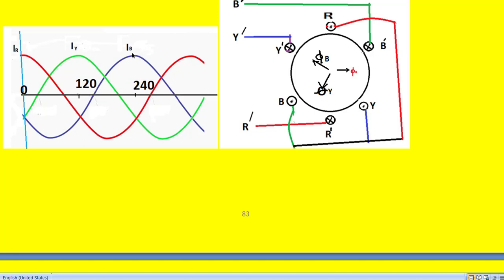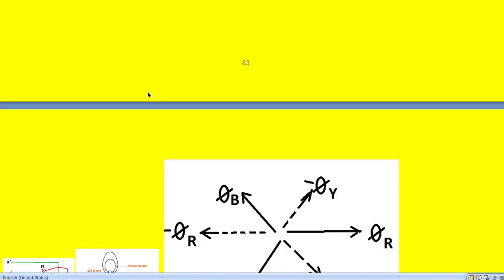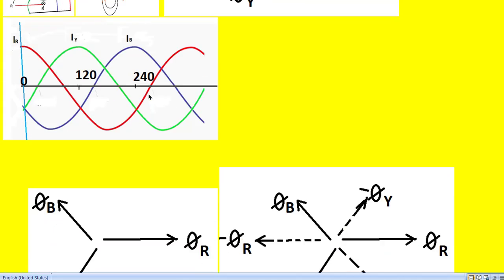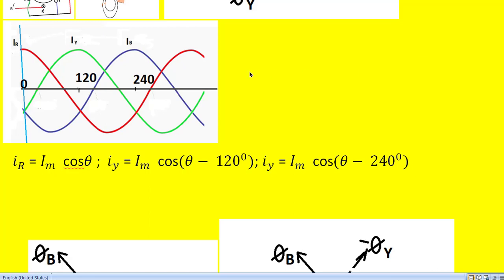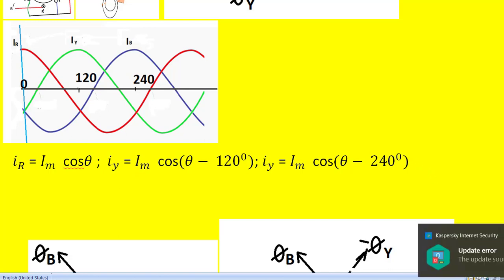Similarly, the B phase current we can write as IB is equal to Im cos (theta minus 240 degrees). So we can write these current equations like this: IR is equal to Im cos theta, IY is equal to Im cos (theta minus 120), IB is equal to Im cos (theta minus 240 degrees).